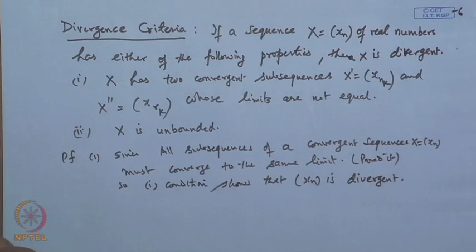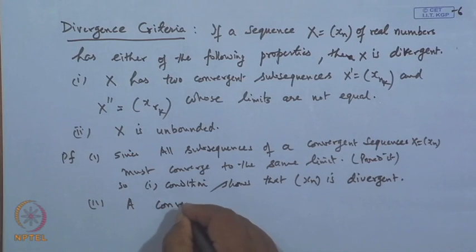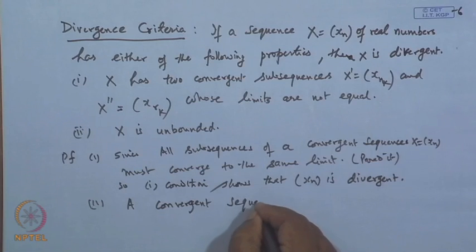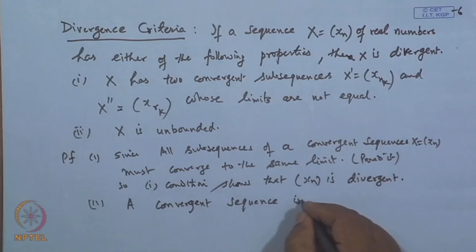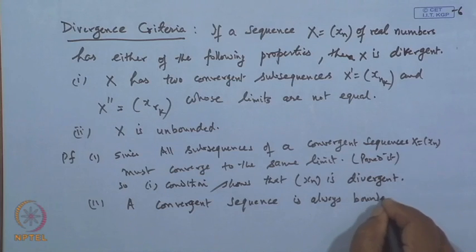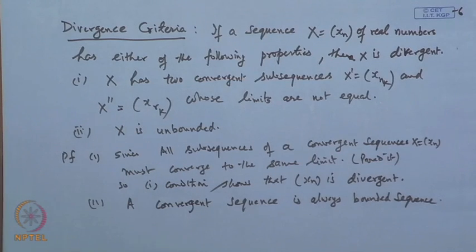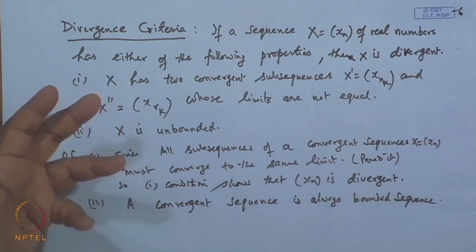The second follows, since a convergent sequence is always a bounded sequence. So, if a sequence is unbounded, then it will not be a convergent sequence.